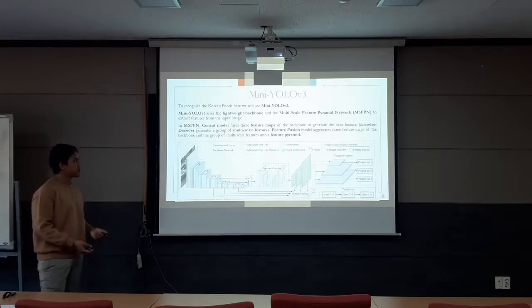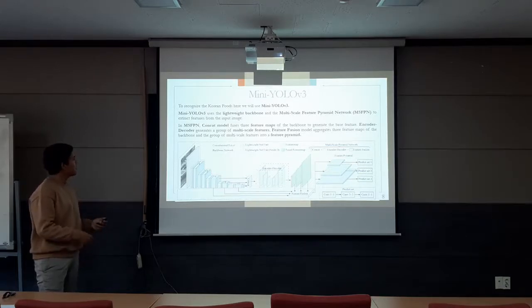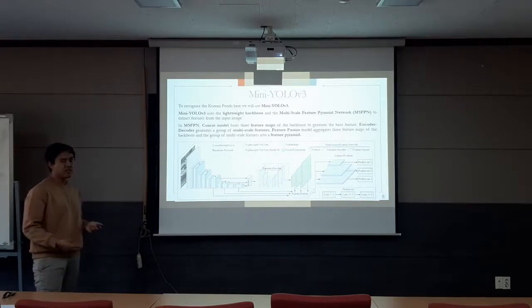The feature pyramid network means that the result has something like pyramids: feature map 1, feature map 2, feature map 3, to extract from. And the MS-FPN, multi-scale feature pyramid network, in Mini YOLO version 3 consists of three main modules.